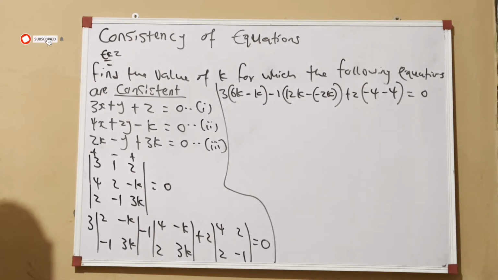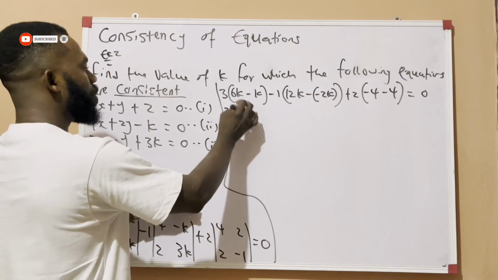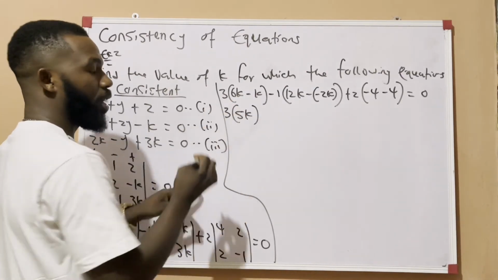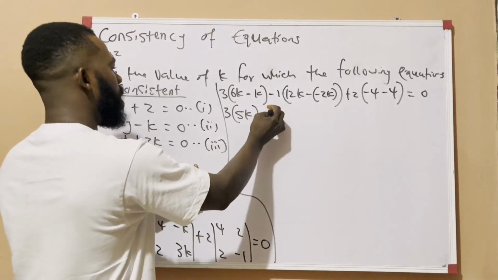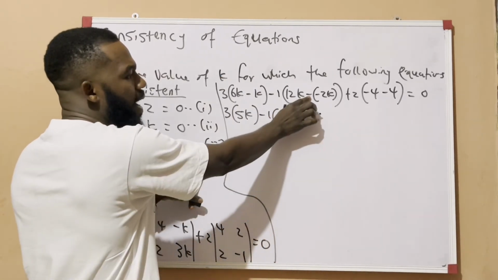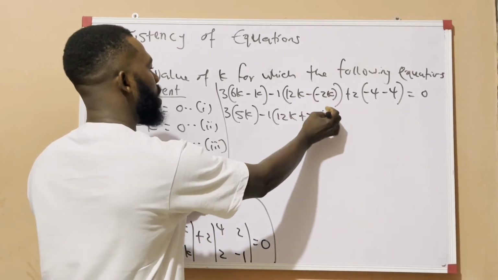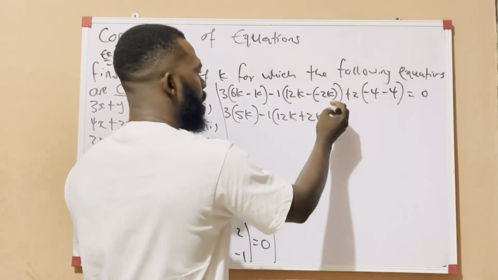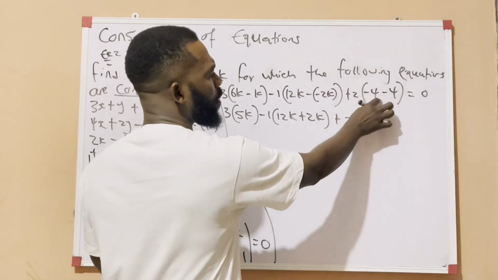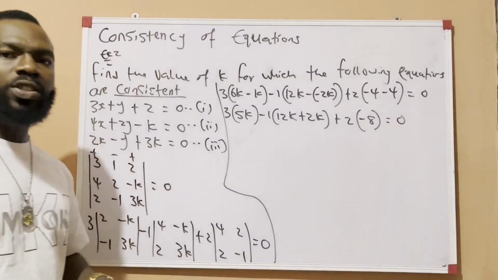Alright, now solving the bracket we have 3 into the bracket of 6k minus k gives us 5k minus 1 into the bracket of 12k. Now minus times minus gives us plus. We have 2k. Alright, plus 2 into the bracket of minus 4 gives us minus 8 equal to 0.